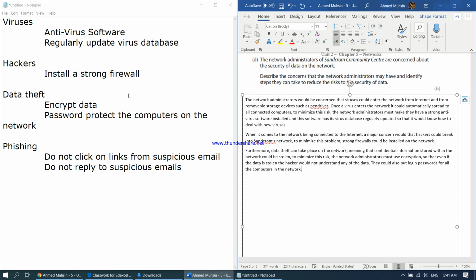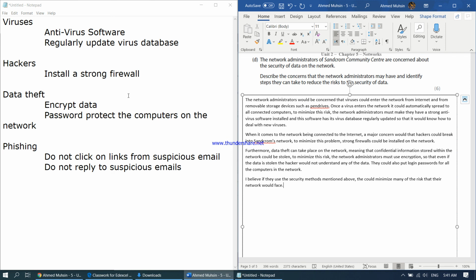Okay, so then you can finally give a conclusion. I believe if they use the security methods mentioned above, they could minimize many of the risks that their network would face.